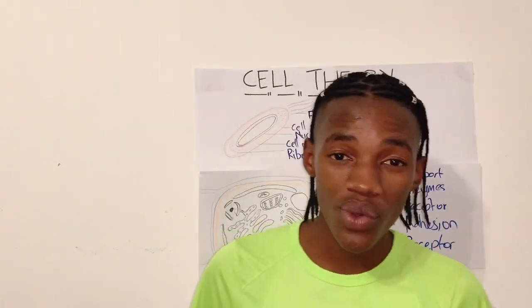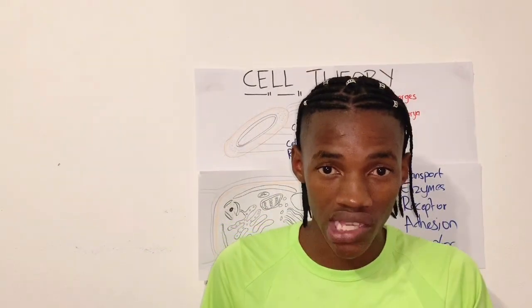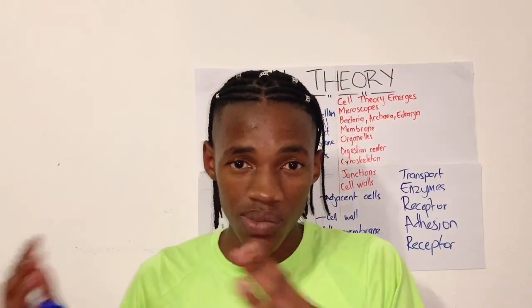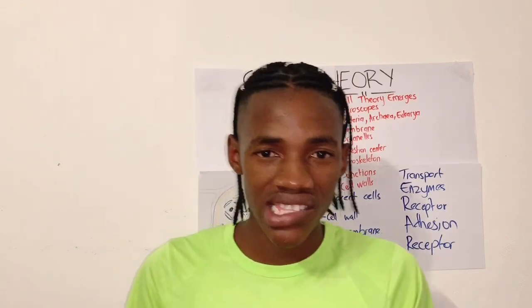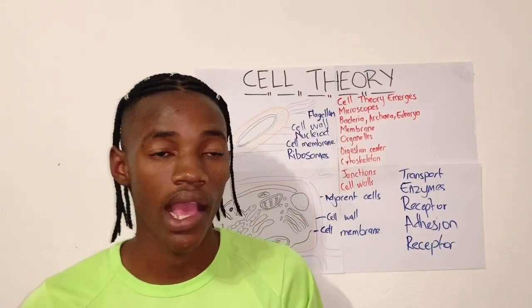Then the inner membrane is intricately folded, and it encloses the mitochondrial matrix, right? And then the space between the inner membrane and the outer membrane is called the intermembrane compartment, and the folds of the inner membrane are called cristae, right?